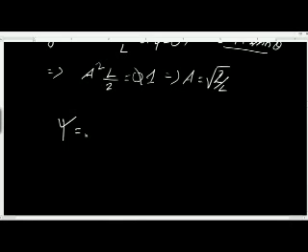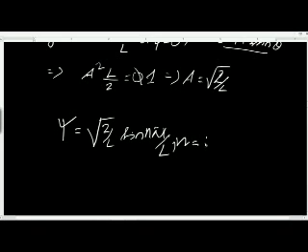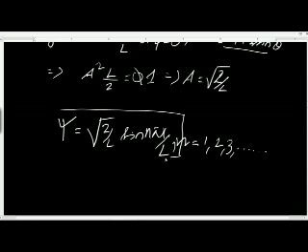The final expression is psi is equal to root over of 2 divided by L sine of n pi x divided by L, where n can take the values 1, 2, 3 and so on. This is the thing which you are supposed to derive when we talk about a particle in a one-dimensional box. Okay, so with this expression I can find out the information about the particle, right?